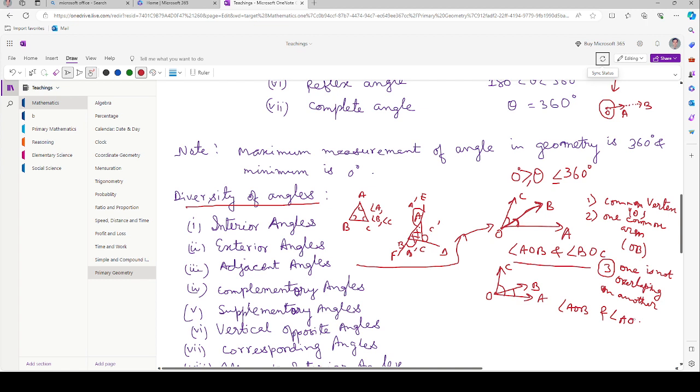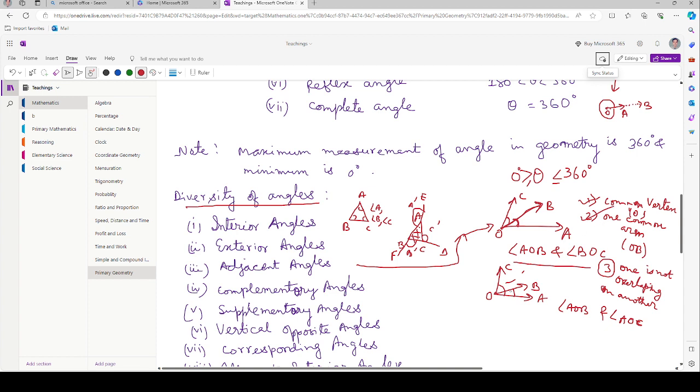See, this pair of angles satisfies property 1 because these two angles have one common vertex O. Similarly, these two angles satisfy condition 2 also.